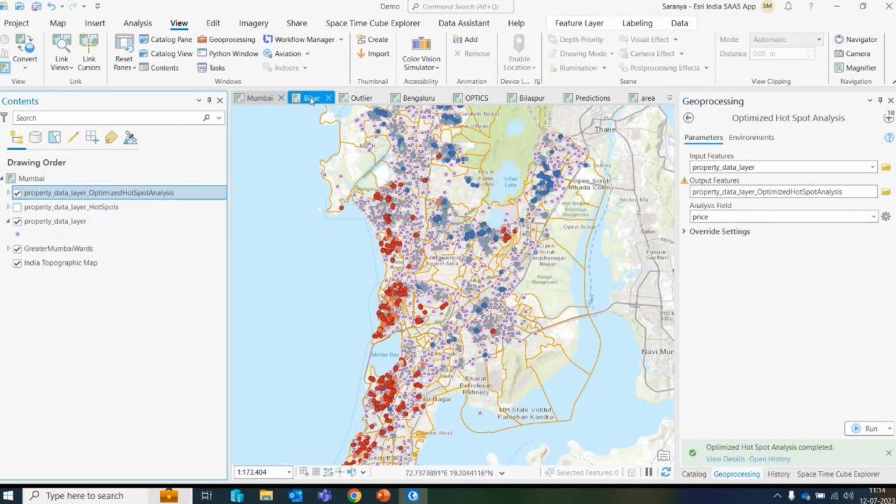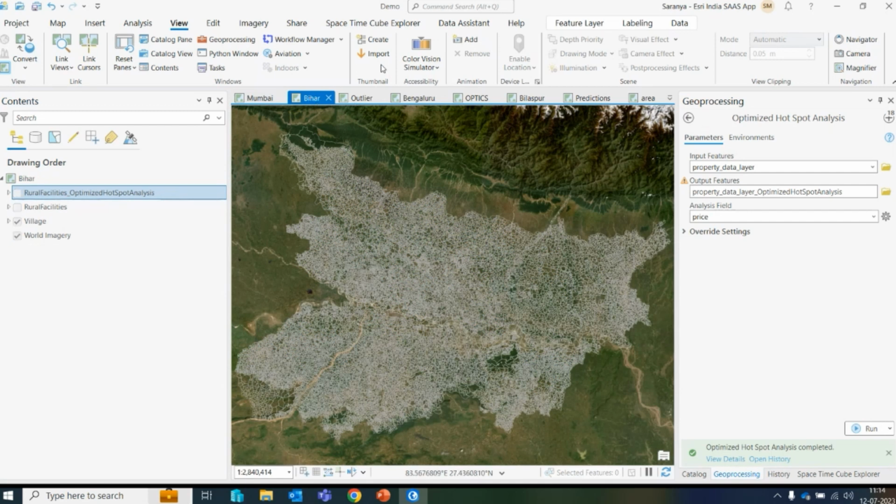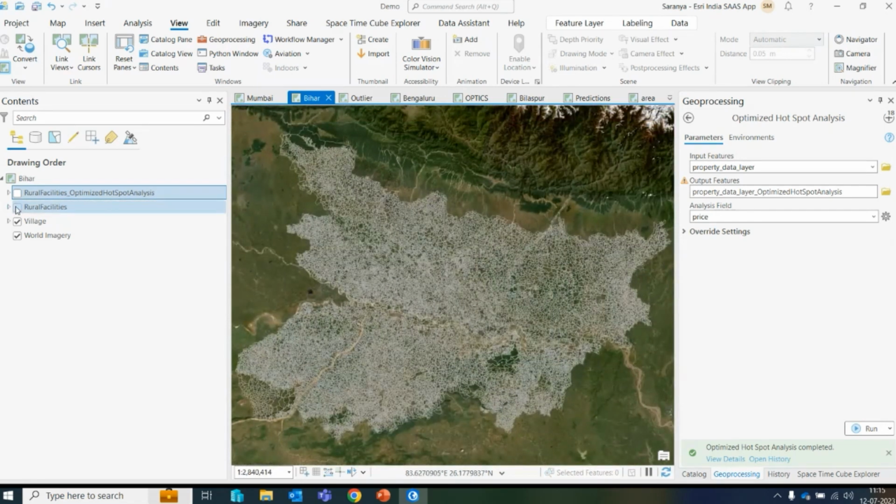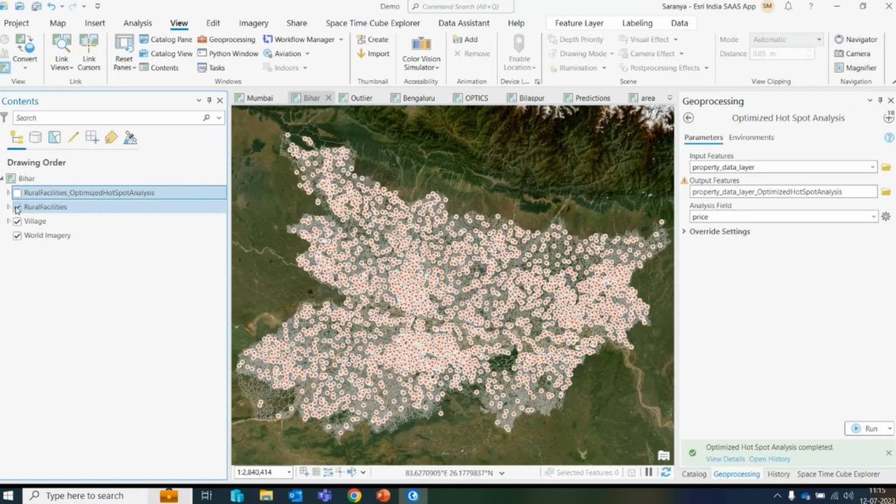Now let us go to a data set in Bihar. Here I'm not interested in getting hotspots for my points, but I would like to carry out this analysis on a village level. I have the village boundaries in Bihar. I also have information about medical infrastructure that is available within the state.